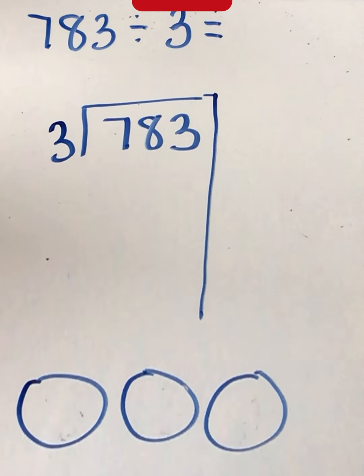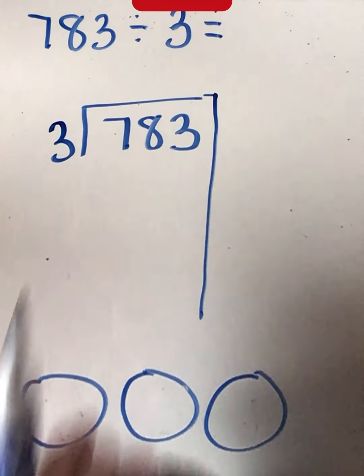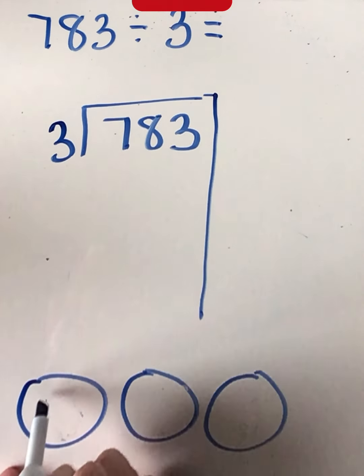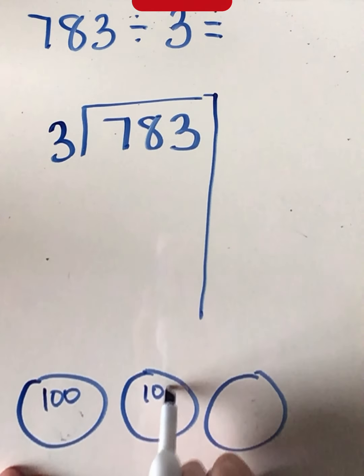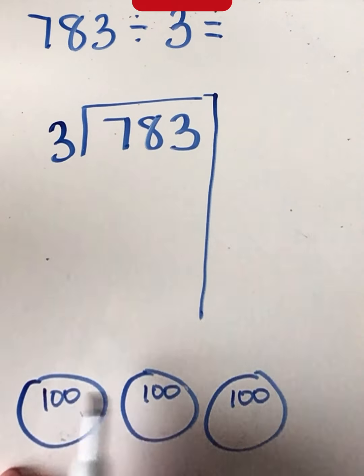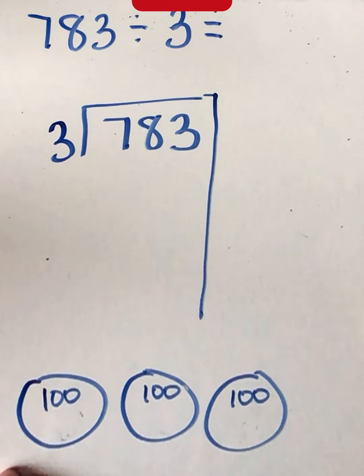For example, we know that 3 times 100 is 300. So they could start out and say, okay, I'm going to give each of these groups 100, and in total, that's 300 that I've just given away.